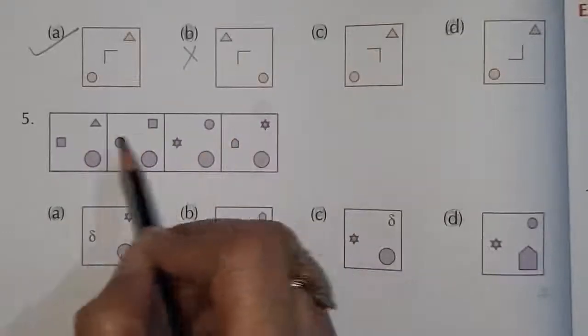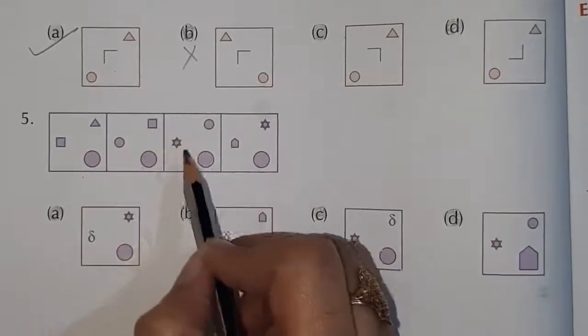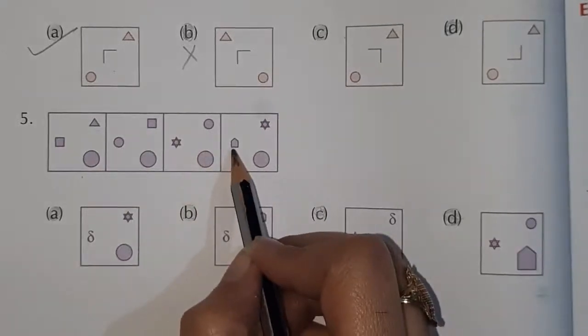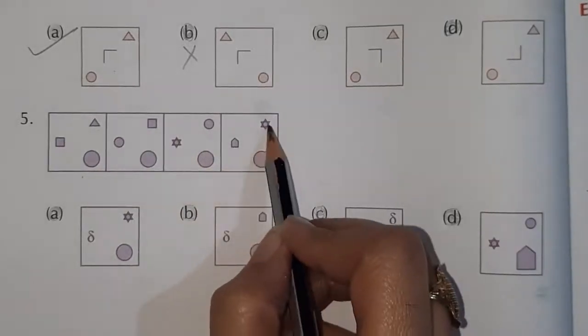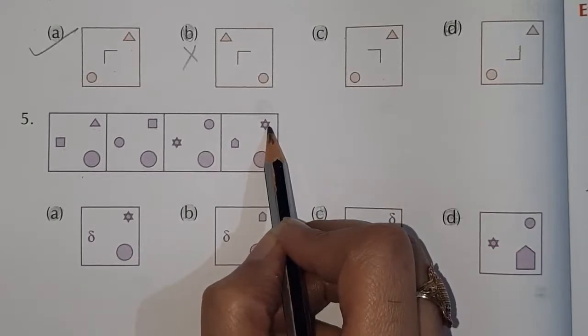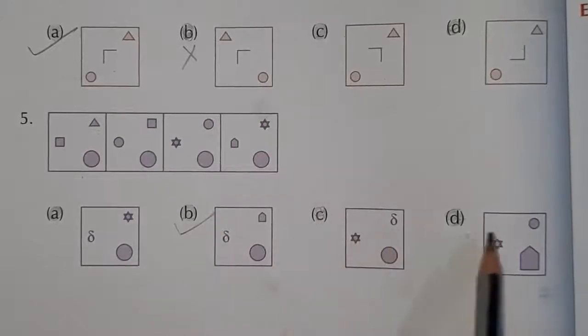In each case, see, the square is shifted to the right side upper corner. In the next figure, the circle is shifted. In the next figure, this pentagon should be shifted to the right side top corner. So pentagon only in option B it is there.